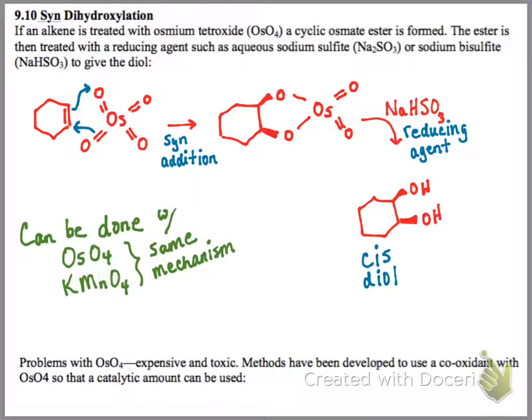The mechanism is the same. I'm not going to write it out. So these 2 are common. There's other ones that do it too, but these are the ones that you should know. It will give you what's called the cis diol, so both of the OH groups are pointing in the same direction.